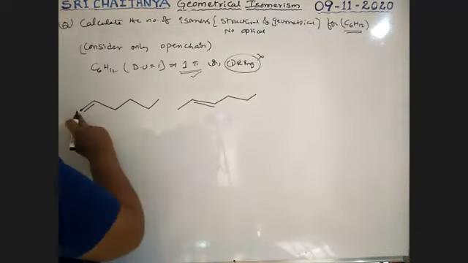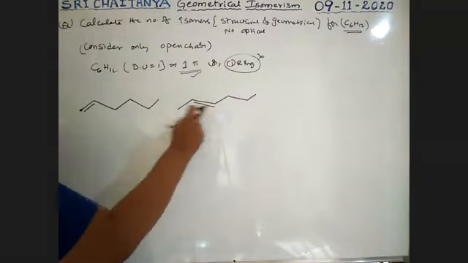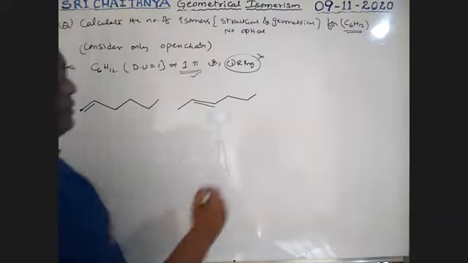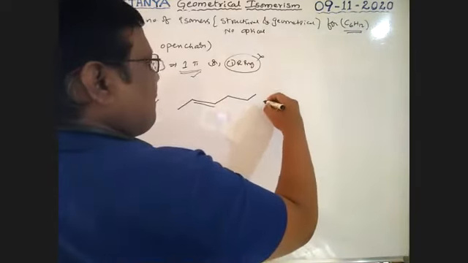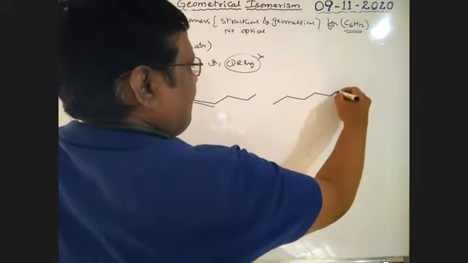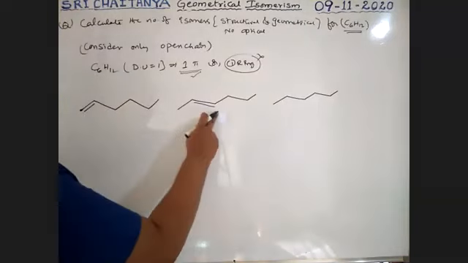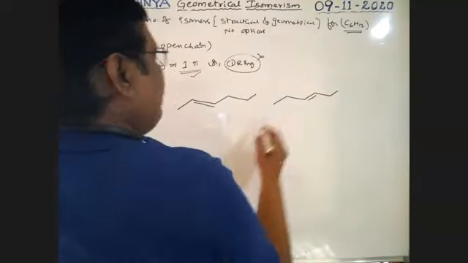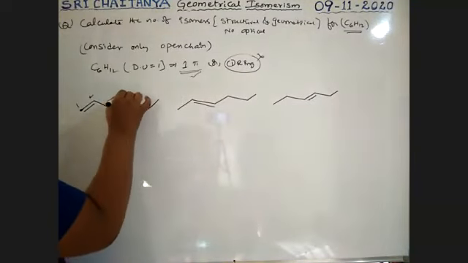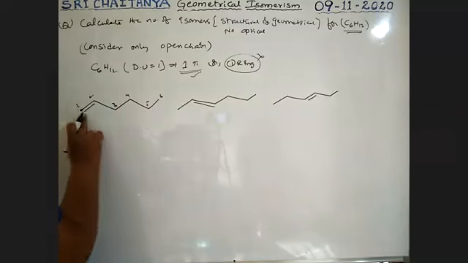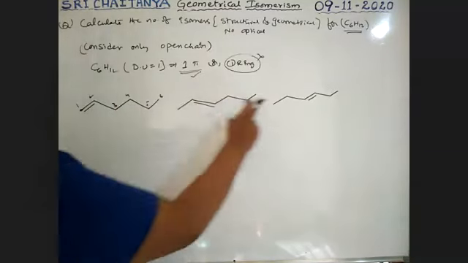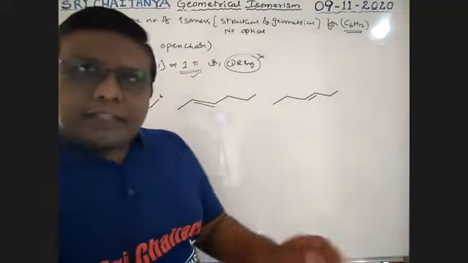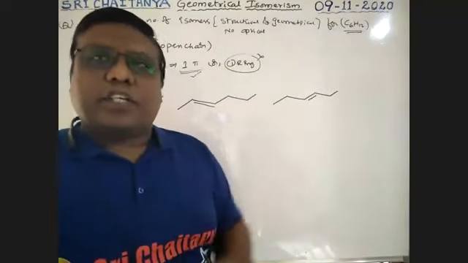It is between 1 and 2, between 2 and 3, and between 3 and 4. These are the only possible positions with the 6-carbon continuous chain.